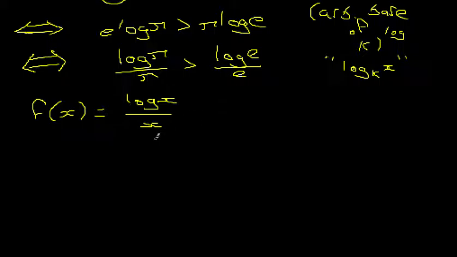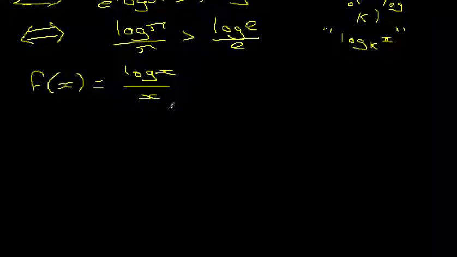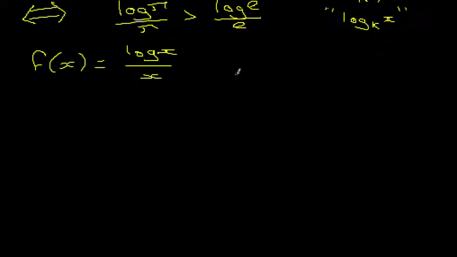Our idea now is to get an idea of what this looks like, and from there that will help us decide which of these is bigger. So now we want to sketch the graph of log x over x.